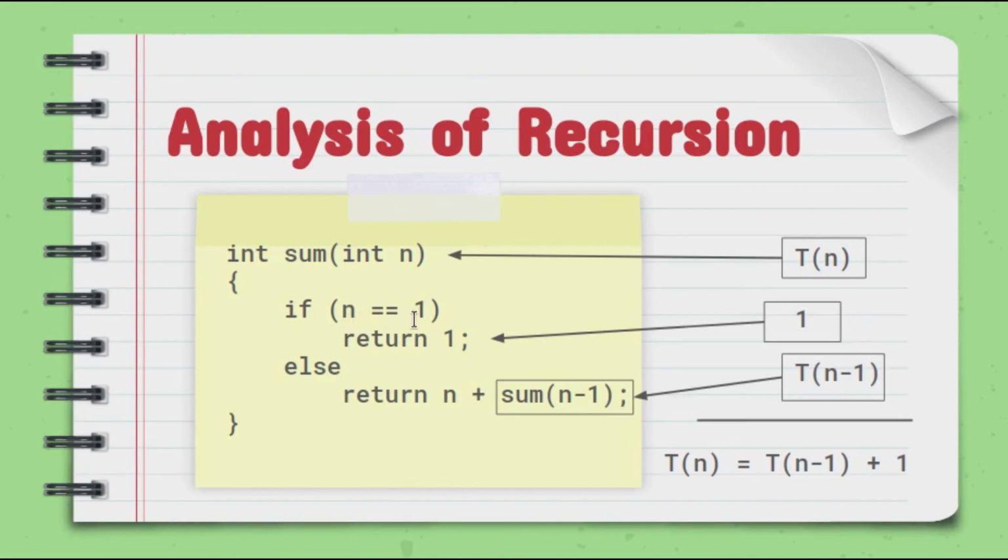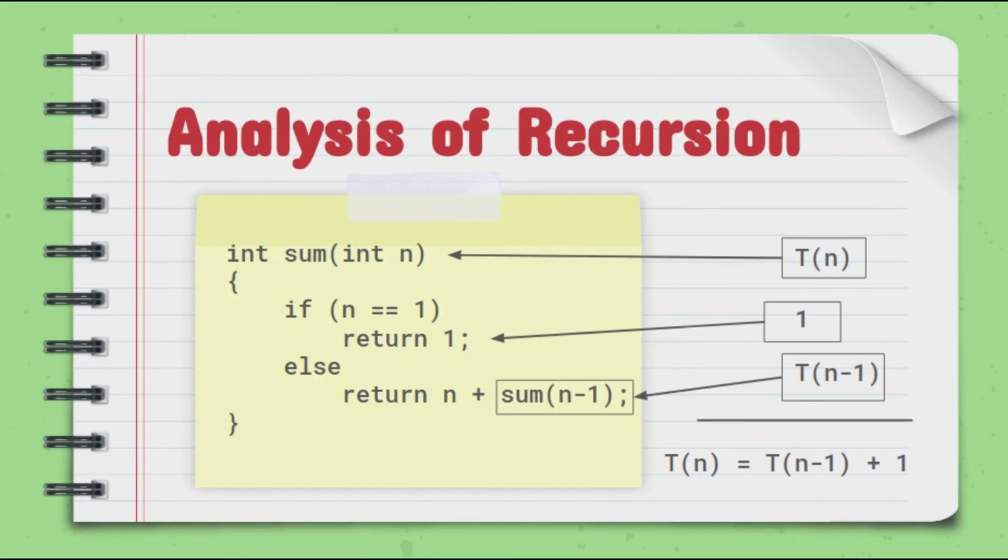So we say that if n is equal to 1, then return 1. This one executes 1 time, and else return n plus sum of n minus 1, which is nothing but g of n minus 1. That means mathematically we can take this g of n to be equal to n minus 1 plus 1. That's how we get the time, which is a recurrence relation.